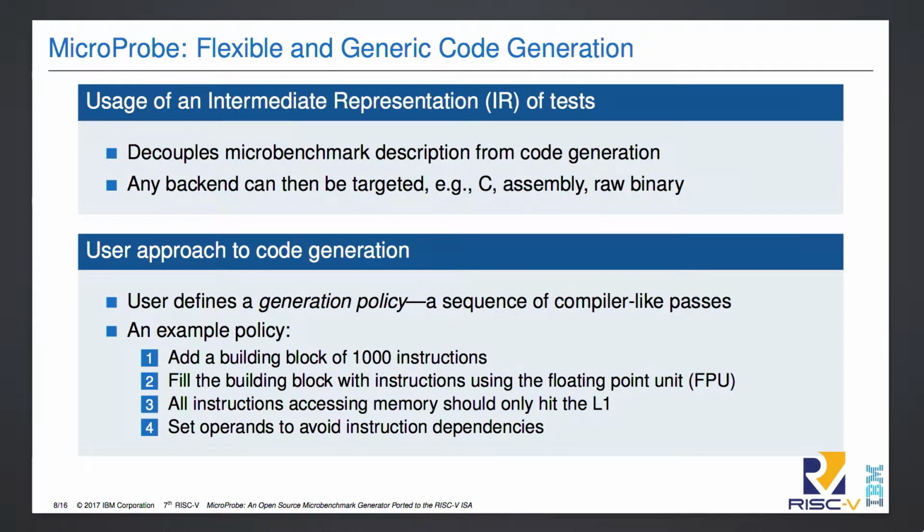Then all instructions should access memory, but they should only ever hit the L1 cache. Finally, you can set operands to provide specific instruction dependency distances, which are your read-after-write dependencies, or you can say, I'd like to completely avoid any dependencies so that we can run this as fast as we can. So this is a microbenchmark which is exercised in the L1 cache and in the floating point unit, and it's trying to run as fast as it can without any dependencies.